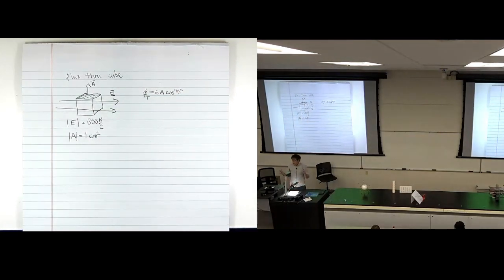At this point, I want to explain something. Why did I draw the area vector of the top surface up? Why didn't I draw it down? Both of those are perpendicular to the top surface, which was the direction I described for the area vector A. But when you have a closed surface, this doesn't apply to an open surface, there's a convention.